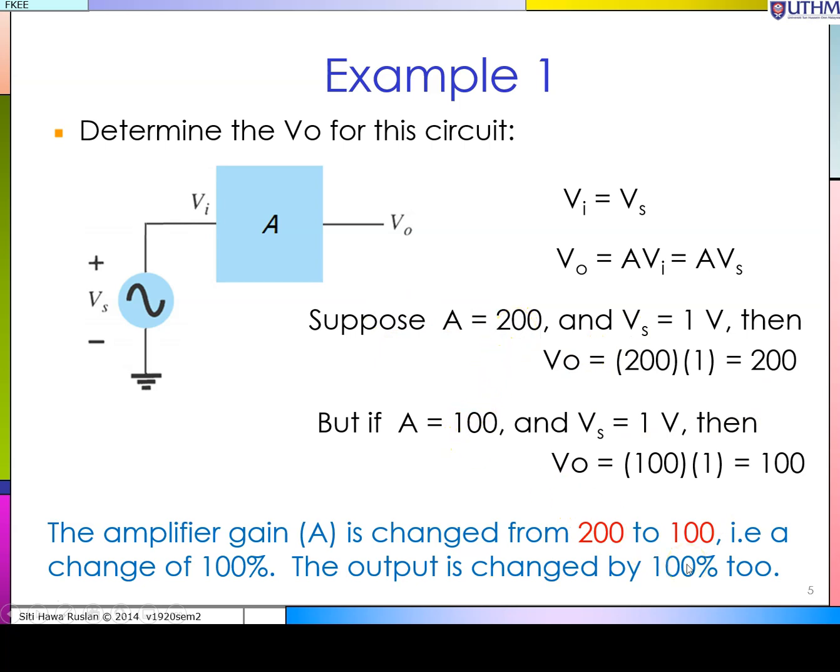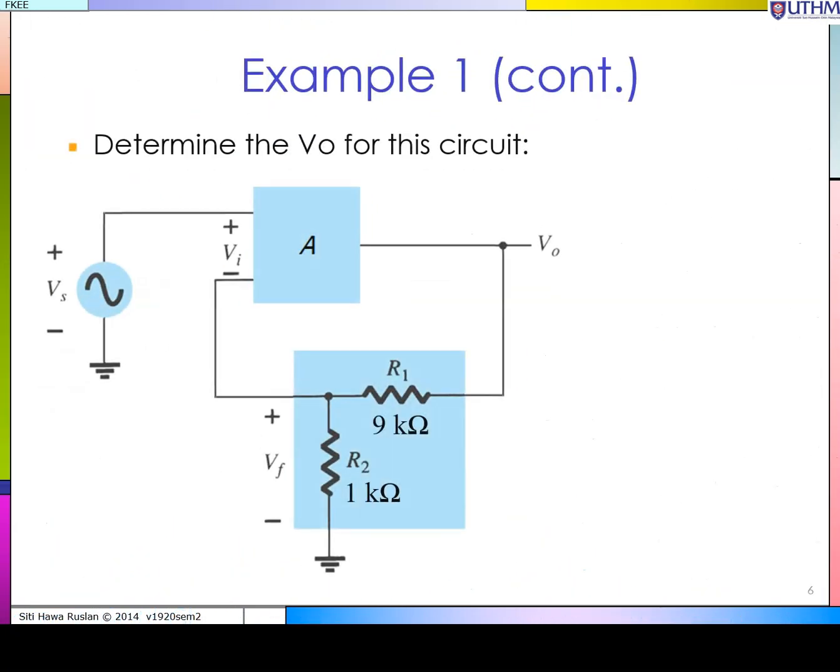But now, take the same circuit and introduce negative feedback. What will happen to the Vout? For this particular circuit, I have to find the beta first. My VF is the voltage signal out of my feedback network, which is simply the voltage across R2. Coming into the feedback network is your Vo.